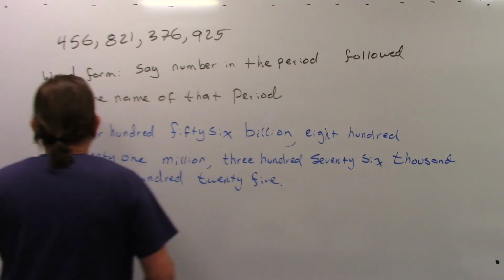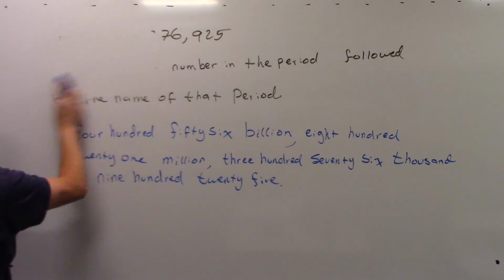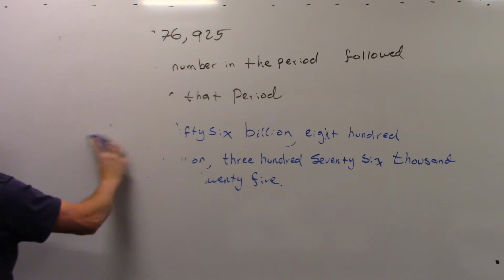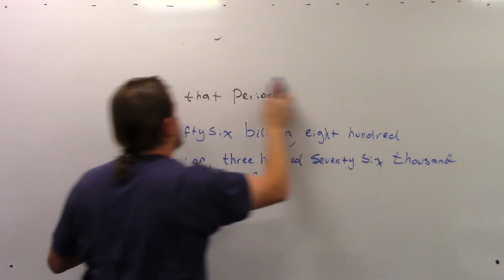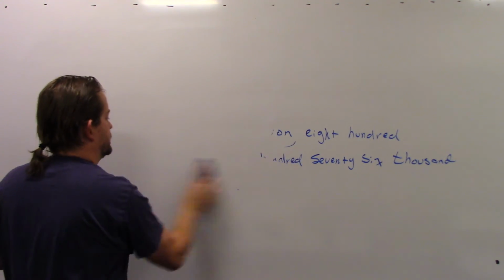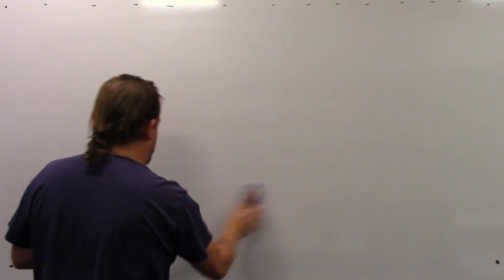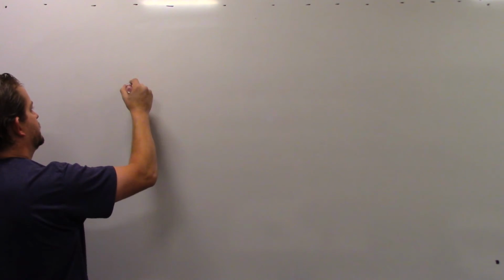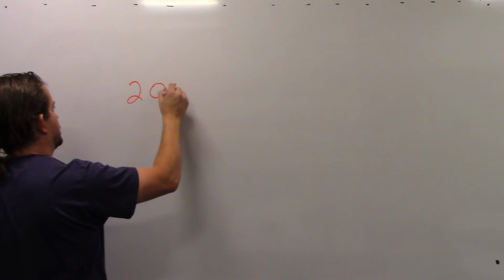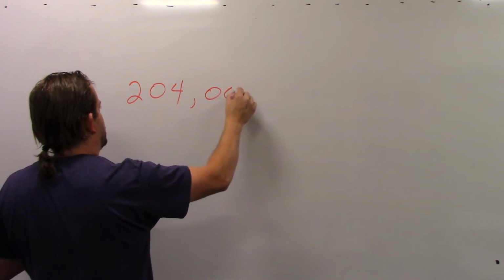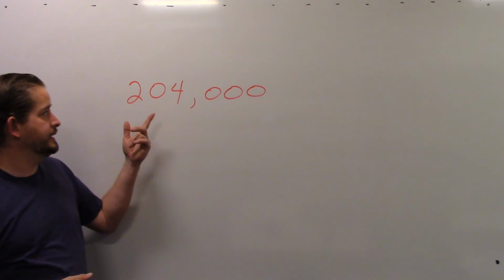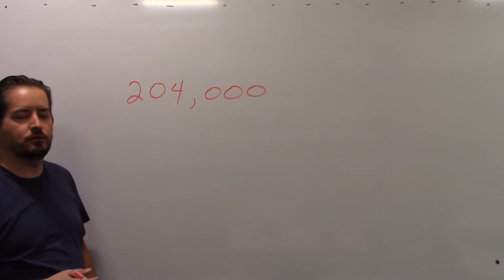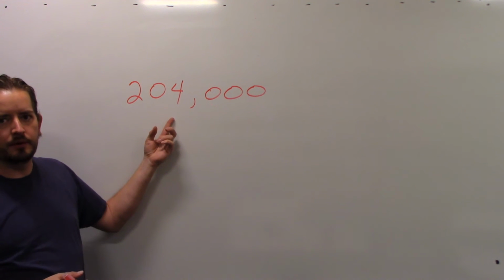For example, let me show you a number. If I have this number, and I speak this to you, most of us would recognize if I said 204,000, that I mean this number.